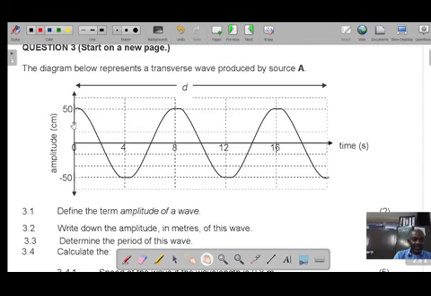So now here we have 50 centimeters, and because these are centimeters, we must convert it to meters.